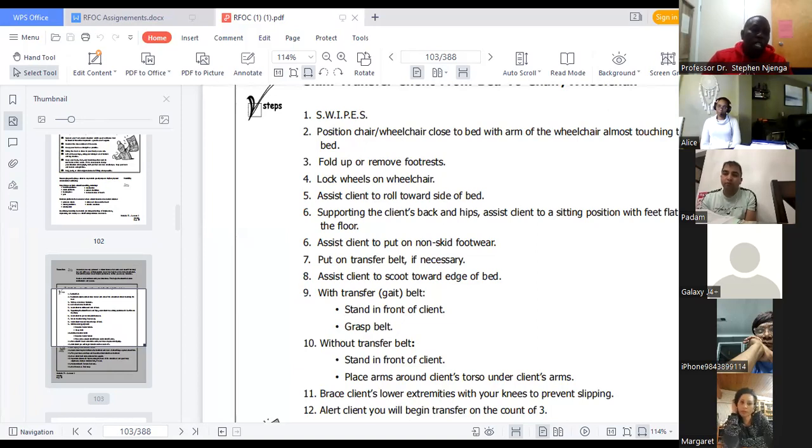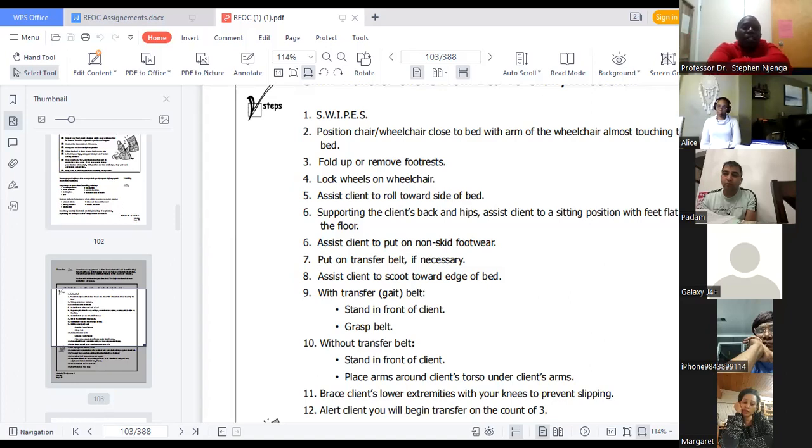Okay, so you always stand in front of the client and grasp the belt. If you don't have a gait belt, stand in front of the client and place your arms around the client's torso under the client's arms.